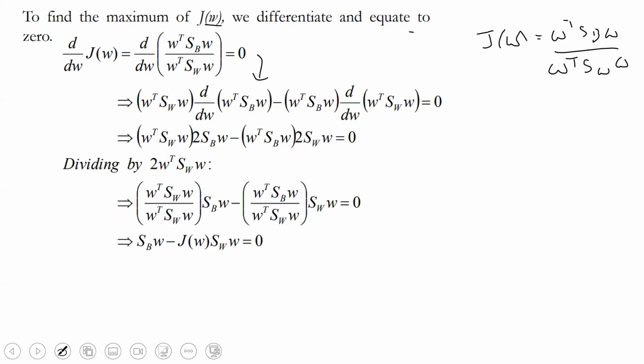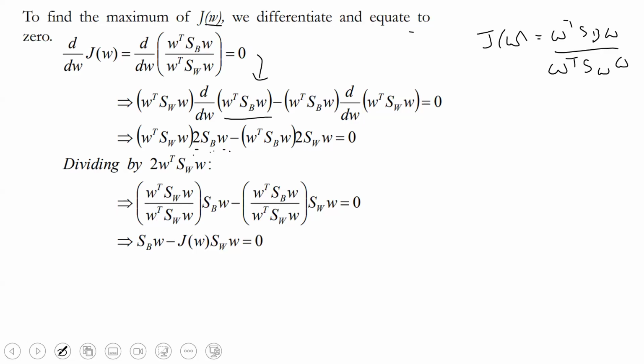Anyway, the denominator will get multiplied with 0 and thus that will be 0. Now if you take the derivative of this, W transpose into W is nothing but W square, right? So W square becomes 2W. So the derivative of this will become 2SB into W.